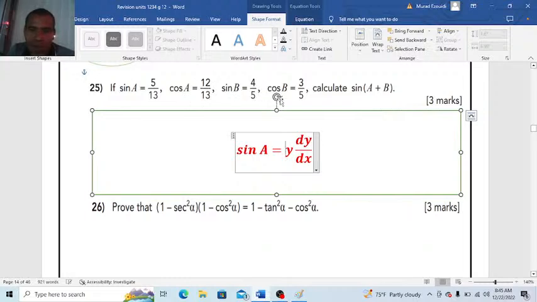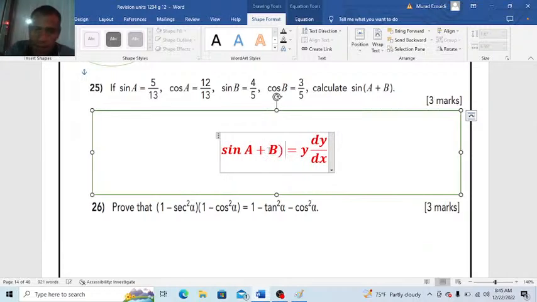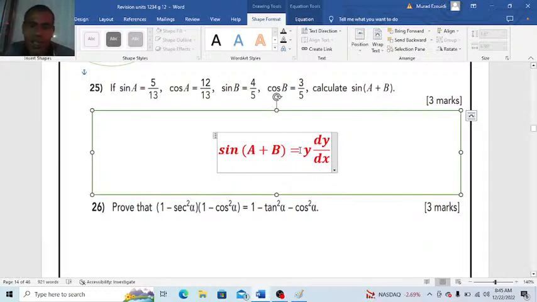Sine B is 4 over 5, cosine B is 3 over 5. Calculate sine of A plus B. I will just write here A plus B. So we will use the expansion of sine to get the formula. We have sine A plus B, it will be.